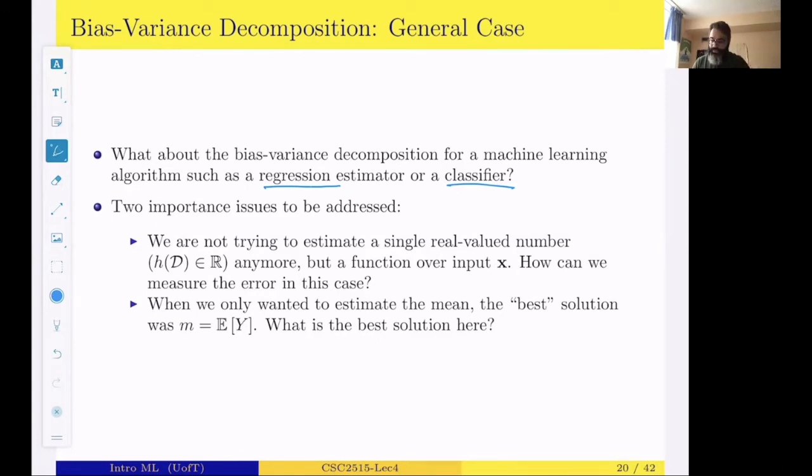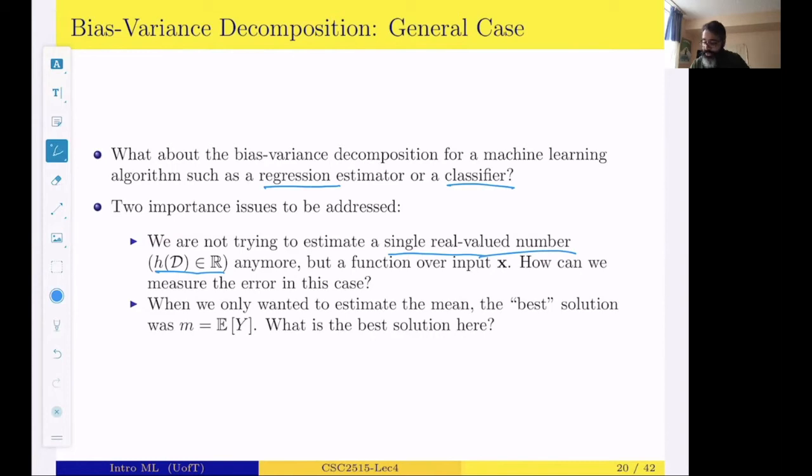One difference is that we are not trying to estimate a single real-valued number, h_t belonging to R, but we are trying to learn a function actually. So h_t is a function from input to an output. The output is still real-valued for regression, but the input belongs to some vector space.